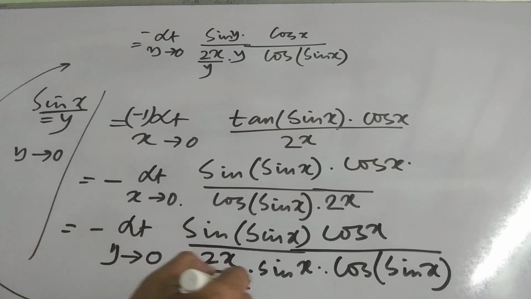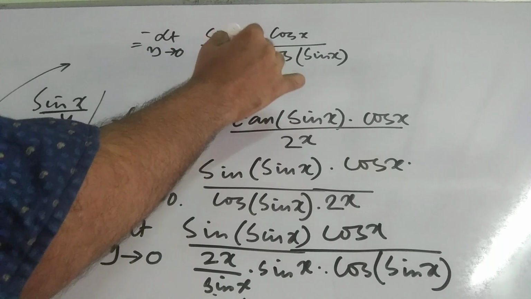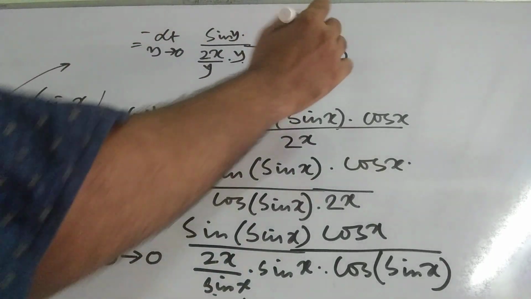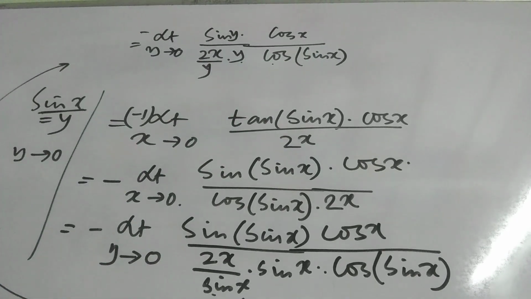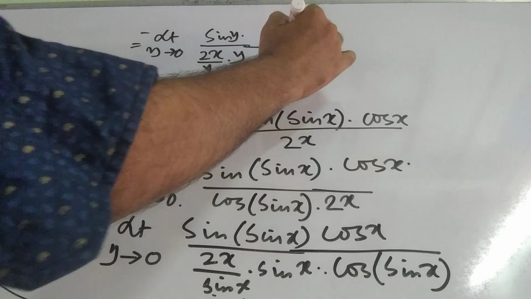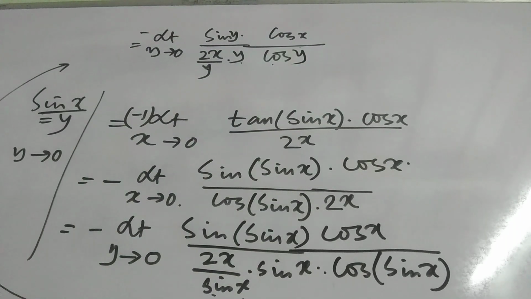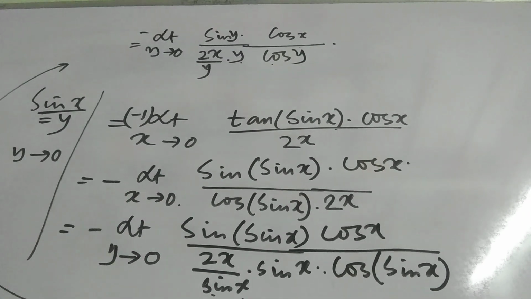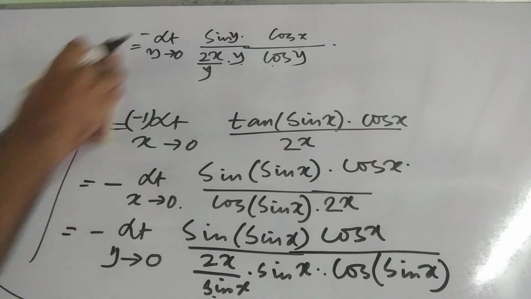2x by sin x is y, so 2x by y into y, and then cos of sin x, I am not touching it. Or rather, I can write cos of sin x as cos of y, because sin x is already substituted as y. At the same time, limit x tends to 0. Let me keep this expression as it is.